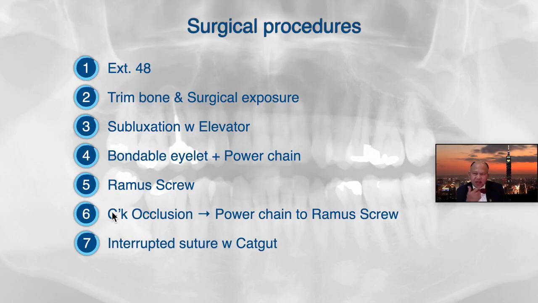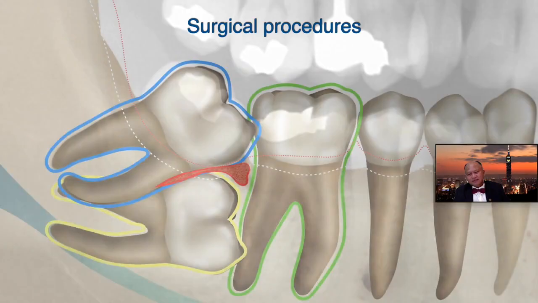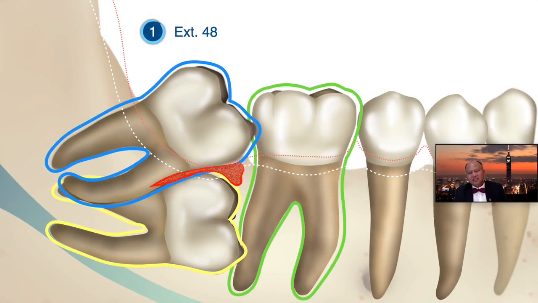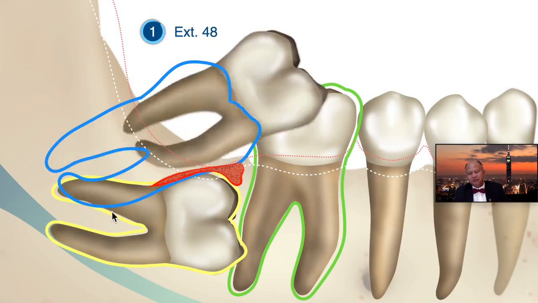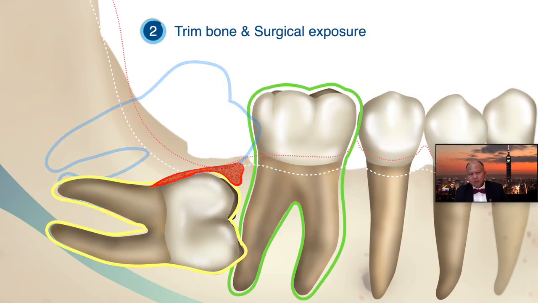Let me show you the detailed procedure because I want to show you step by step. First, take out the eight. It's easy because it's superficial. When you take out the eight, most likely there is bone between 8 and 7, so you do need to trim bone and do surgical exposure.